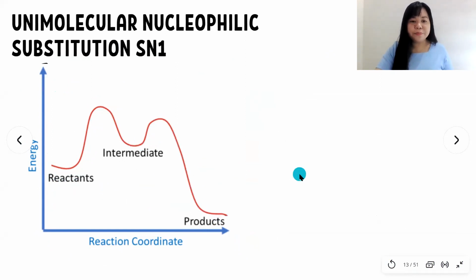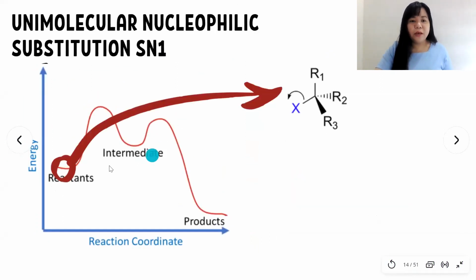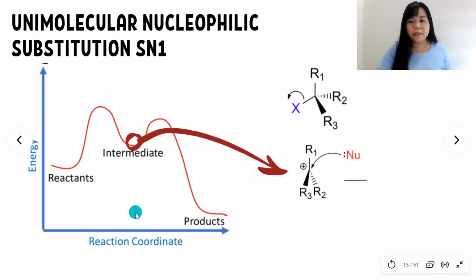Initially, the reactants would have this level of energy, and then as the reaction progresses to form the intermediate, here's the level of energy. And then notice that from the reactants to the intermediate, there's a high energy species here, which would correspond to the transition state.